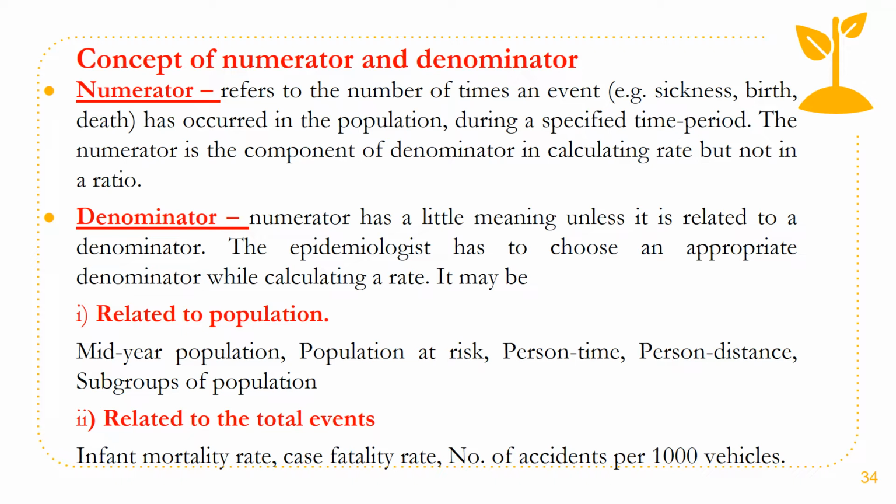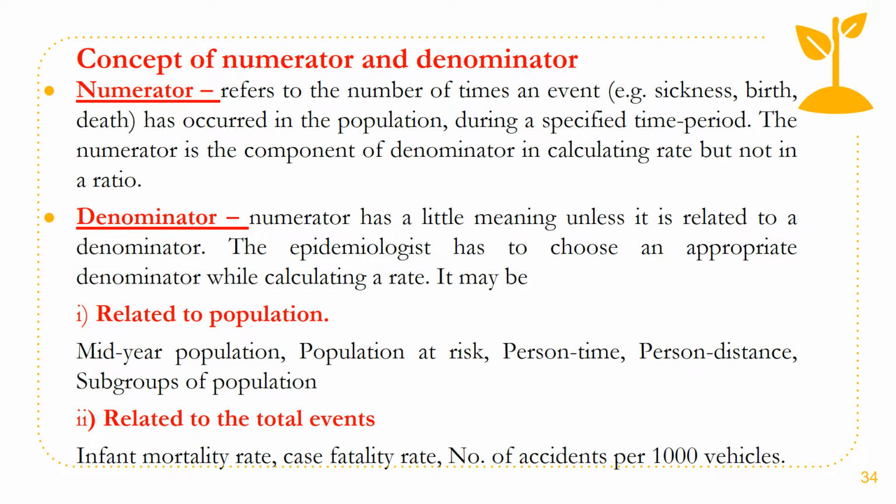It may be related to the population, that is, mid-year population, population at risk, person time, person distance, or subgroups of the population. For example, COVID-19: what is the prevalence of COVID-19? Malaysia has 30 million population, and in that, 500,000 people are affected.